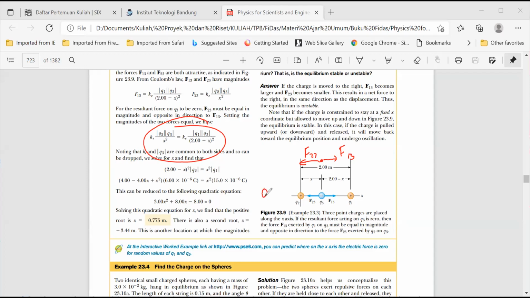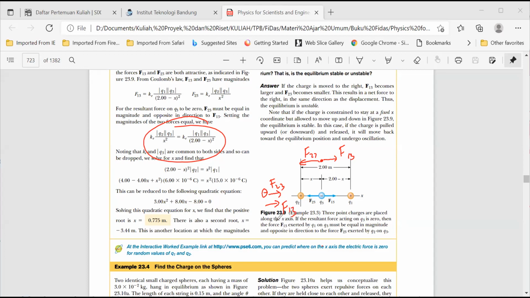If we put this minus here, it should be Q2, F23, and this also F13.